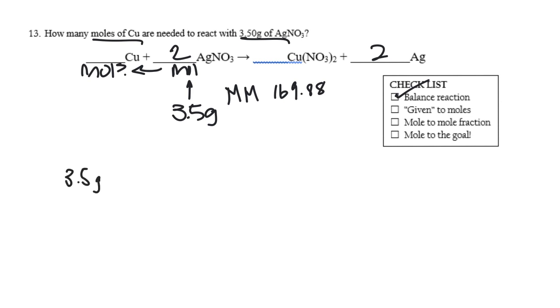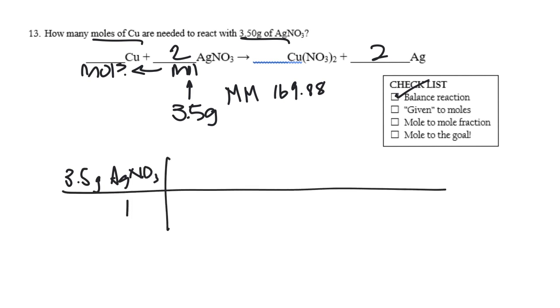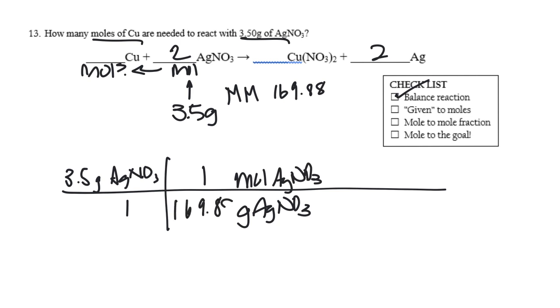So we have 3.5 grams of AgNO3. Put it over 1. Grams AgNO3 comes to the bottom. Moles AgNO3 goes to the top. 1 goes next to mole, and then I'm going to do 169.88 grams, given to moles. Check, and I've done this step here.